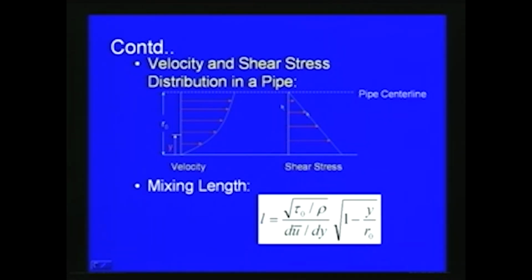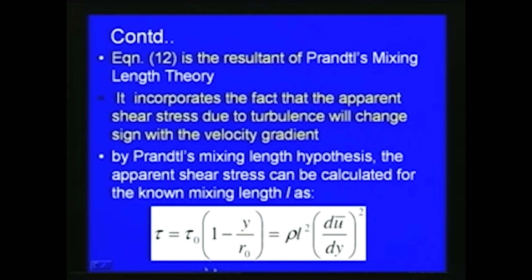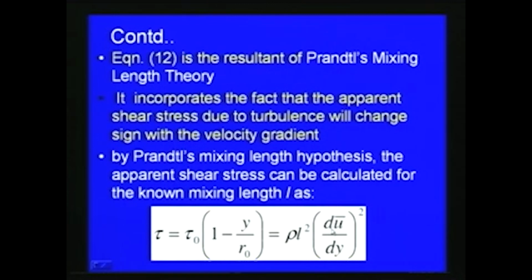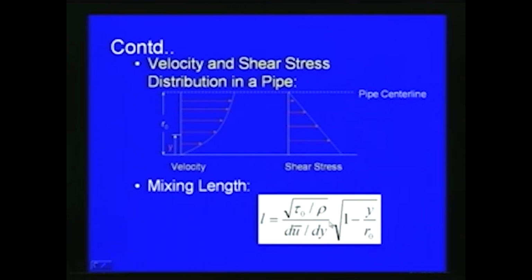So, finally, by using this in comparison with the pipe flow, we can write the mixing length L is equal to square root of tau 0 by rho divided by du bar by dy, into square root of 1 minus y by r 0. This is obtained from the previous equation. This is obvious from this figure.